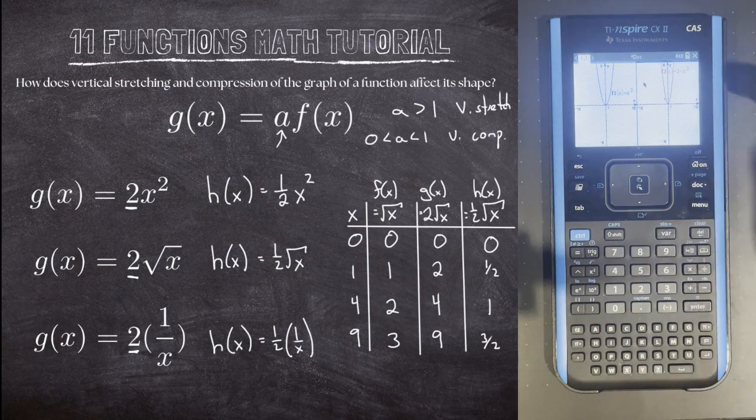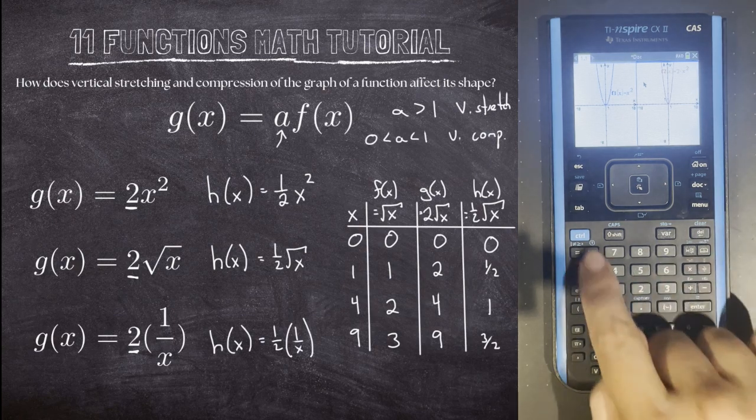Now let's see what would happen if I change the a coefficient in our second graph to 1/2 instead of a 2.